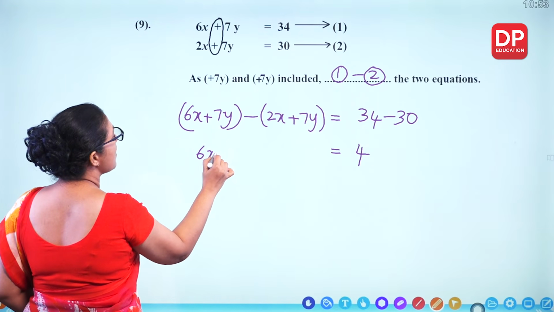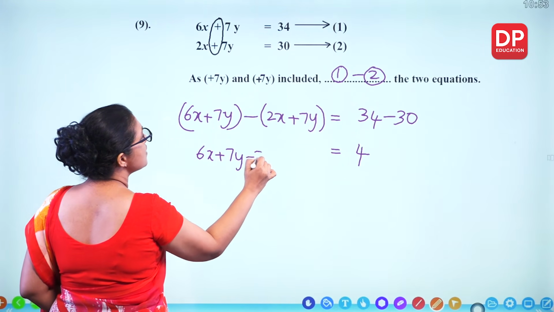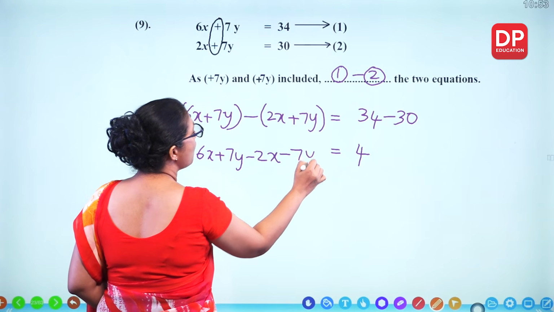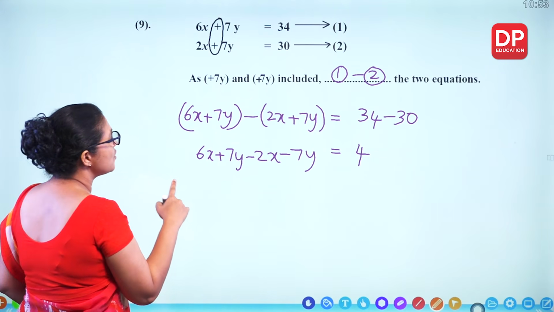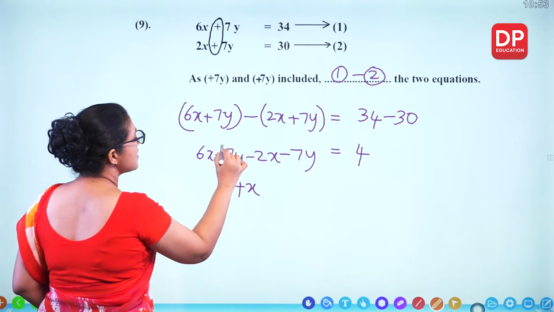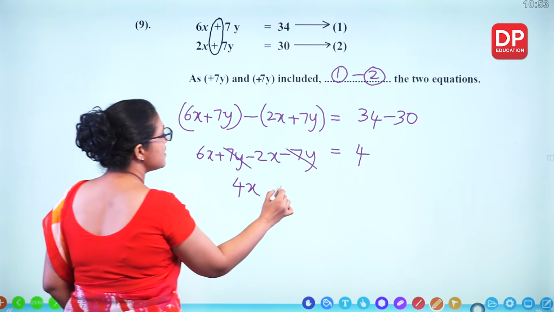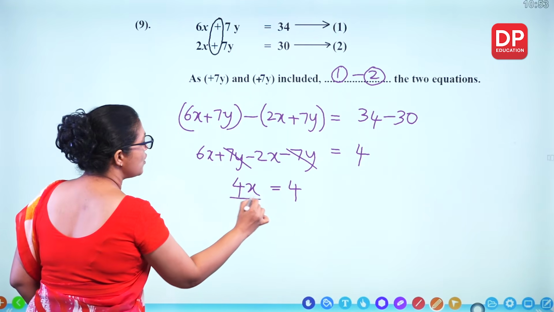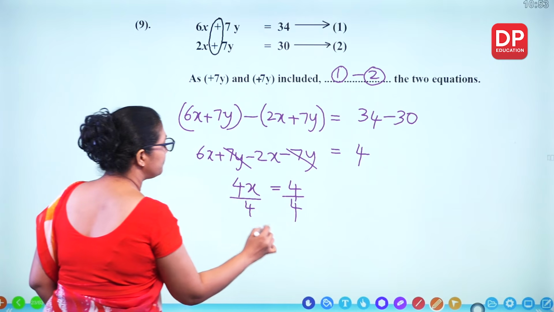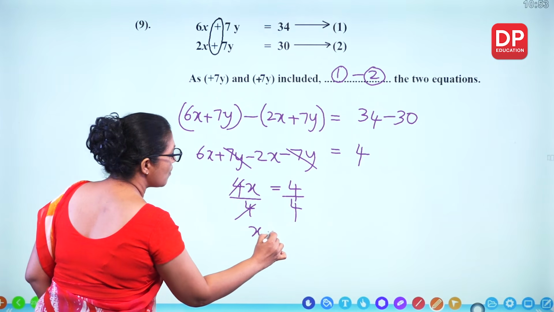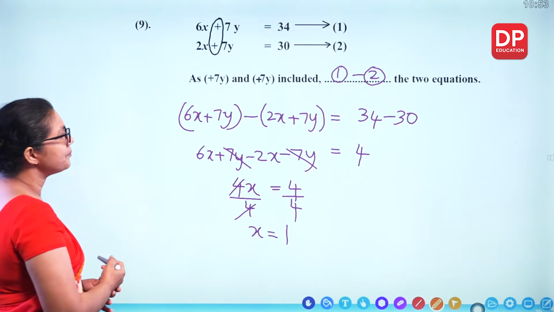So 6x plus 7y minus 2x minus 7y. 6x and 2x, 4x, 7y get cancelled out. This is equal to 4. So when you divide this by 4, you get x equals 1.